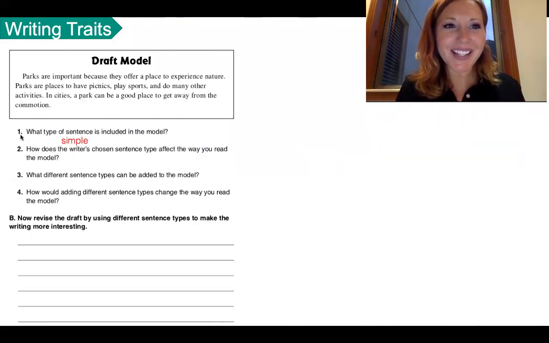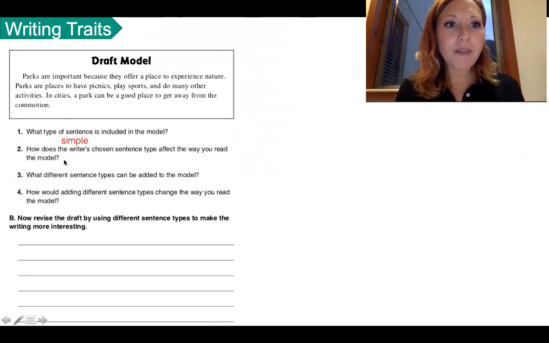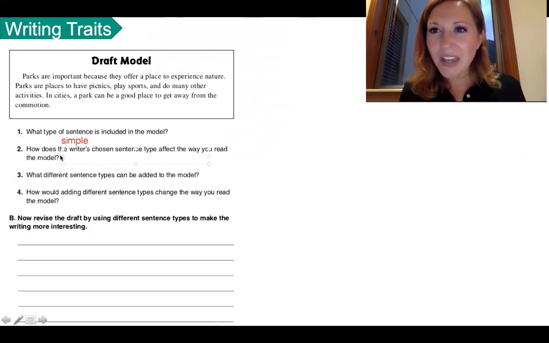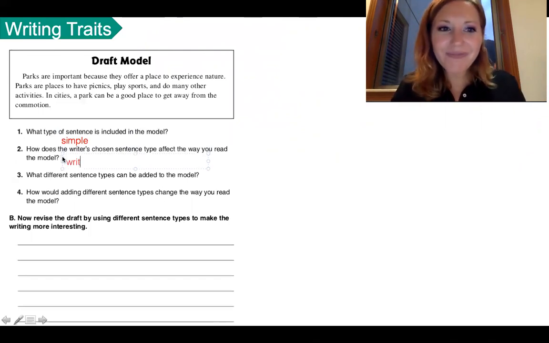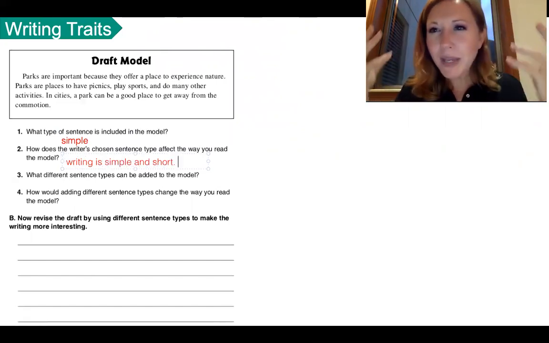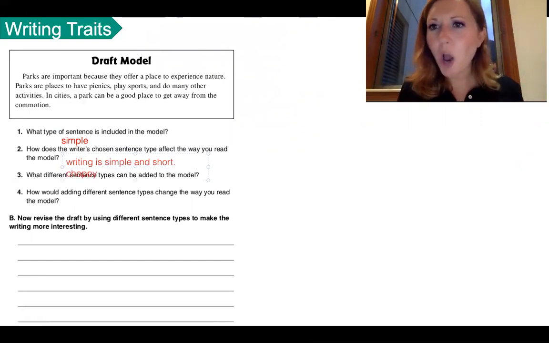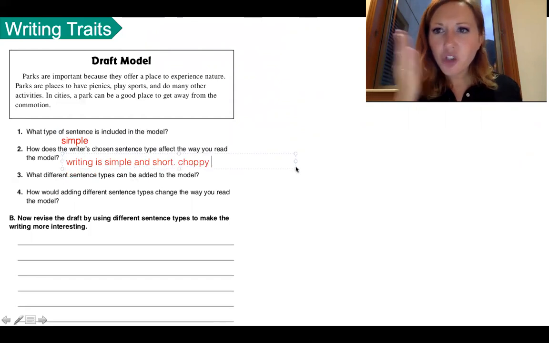Simple sentences are used in this draft model, yes. So when we have something that is all simple, that means that the writing is simple and kind of short. It doesn't have big ideas. It has very short ideas and kind of choppy. Chop, chop, chop, chop.